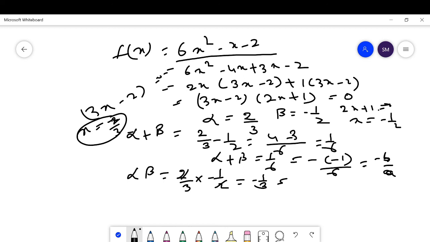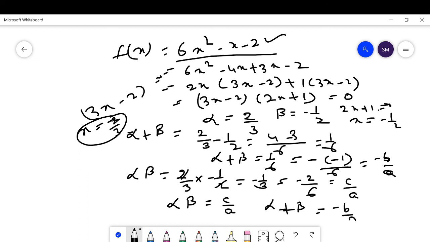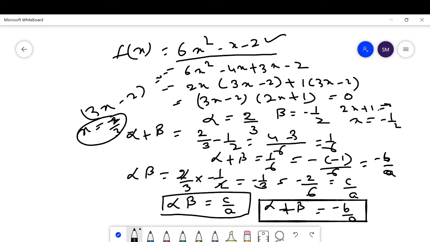Minus 1 upon 3 can be written as minus 2 upon 6. Here what is minus 2? This is c upon a. Then in a quadratic polynomial, alpha into beta equal to c upon a. Alpha plus beta is equal to minus b upon a. These are the relationships between the two zeros and coefficients in a quadratic polynomial.